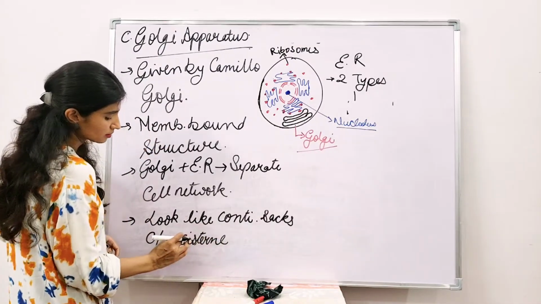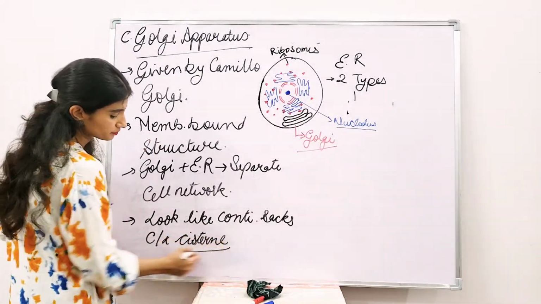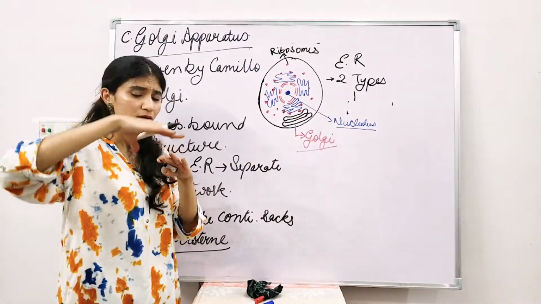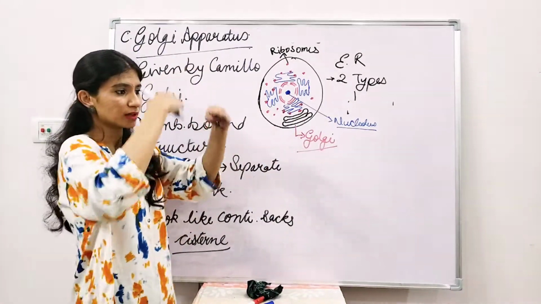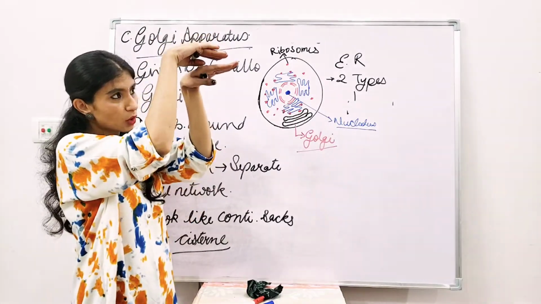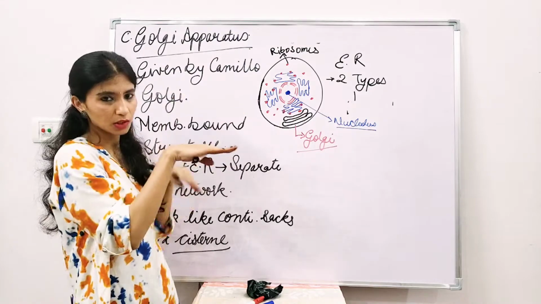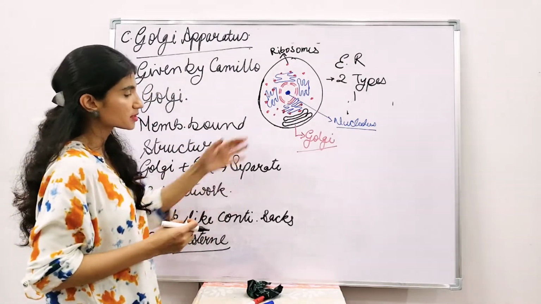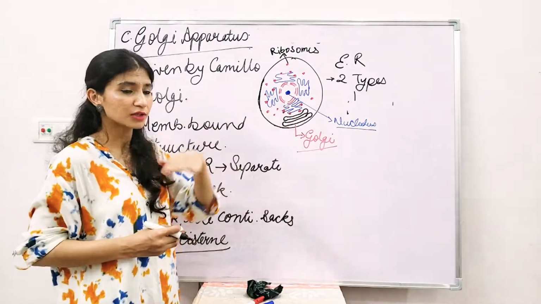They are arranged in layers, one after the other. Suppose this is your ER, so below it will be a Golgi, then again Golgi, Golgi, Golgi. Different types of Golgi are there. We'll not go into that, but just understand that the whole sacs of the Golgi are called cisternae.